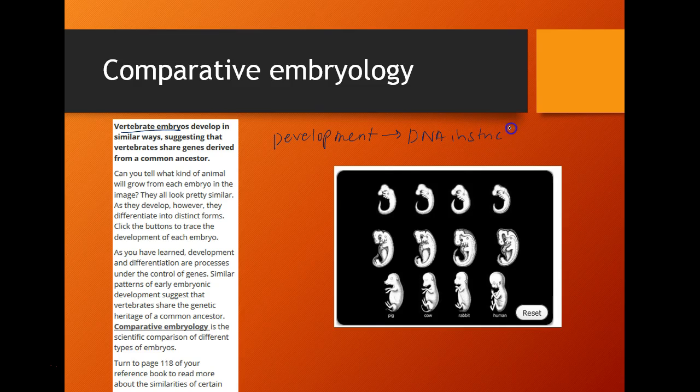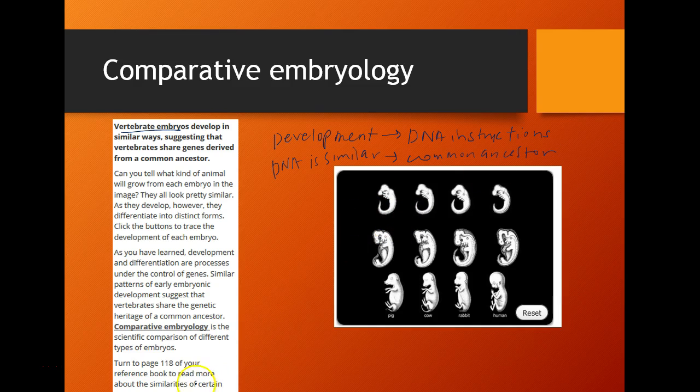Our instructions in our DNA tell us how to develop even from when we are an embryo. And so if the DNA is similar, then that could suggest that we have a common ancestor. Okay, so that's the rationale behind comparative embryology.